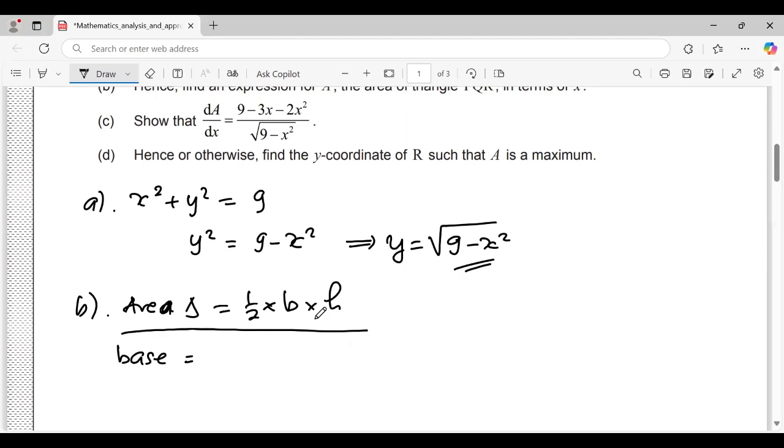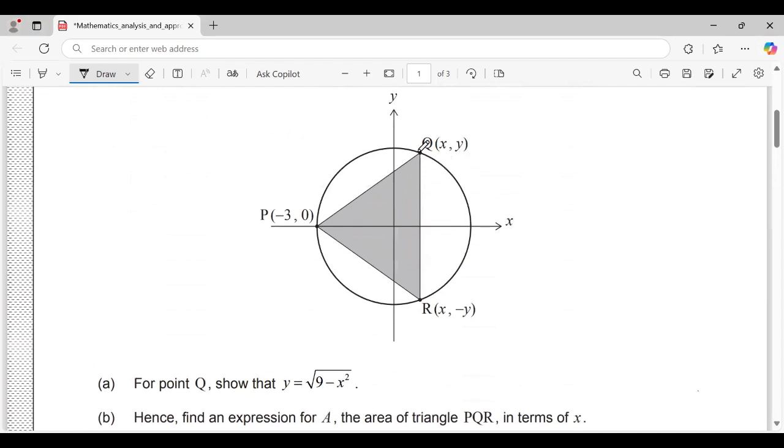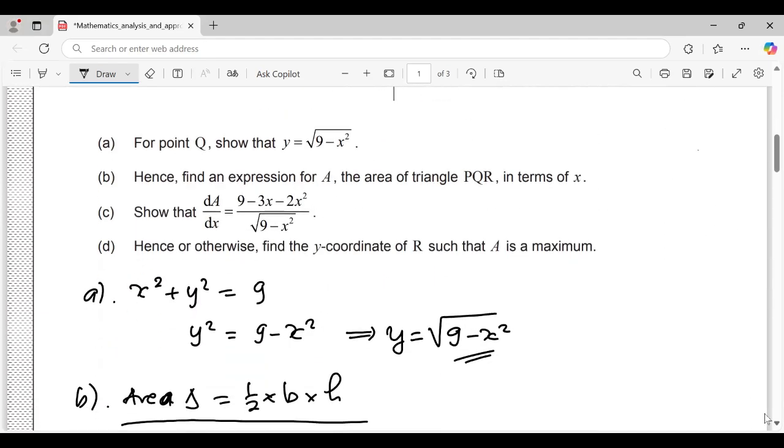The base is the distance between Q and R. The distance is not x and x, but y and minus y. The distance between y and minus y is y plus y, it is 2y. So base equals 2y.